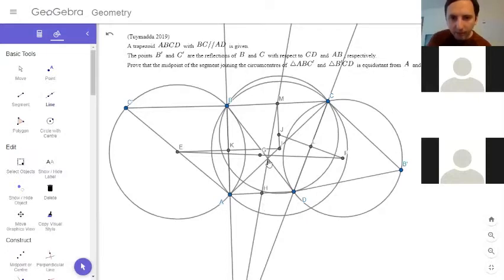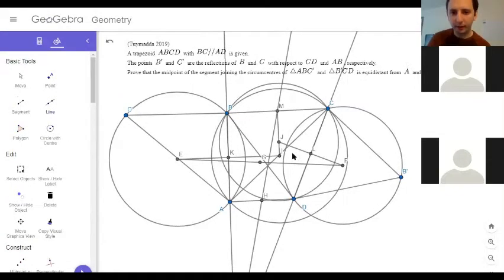So those three, there's like a point of concurrence here too, right? So what was point I? Oh, I and J are the circumcenters of ABC and BBC.